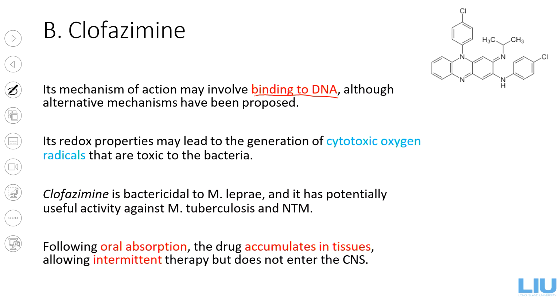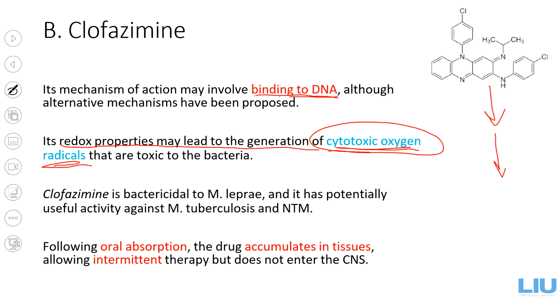Its mechanism of action involves redox properties leading to generation of cytotoxic oxygen radicals. The drug goes through oxidation-reduction, produces cytotoxic oxygen radicals that bind to the DNA and cause damage. That's its mechanism of action.